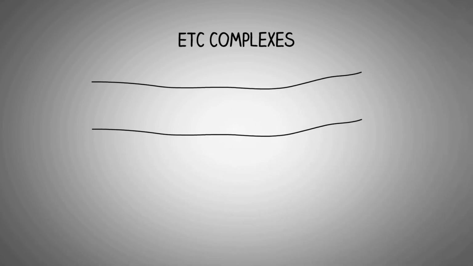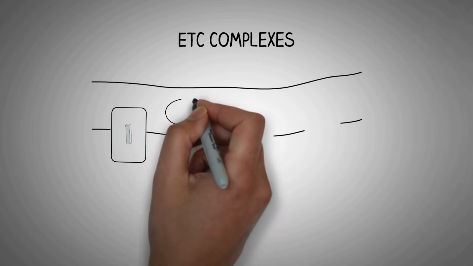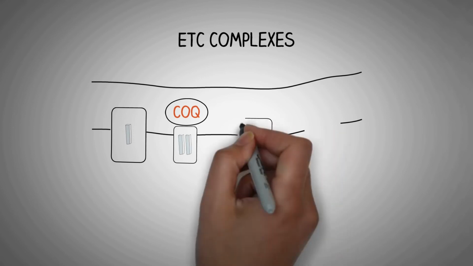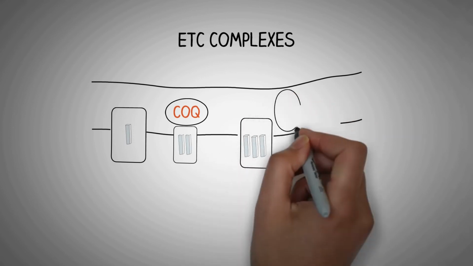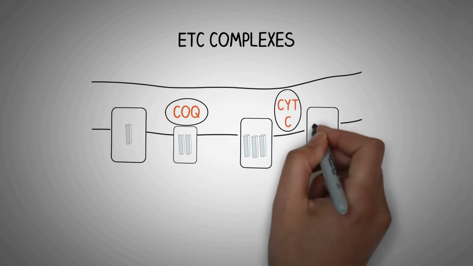What you see here is the inner mitochondrial membrane, which has these electron transport chain complexes. These complexes are numbered from 1 to 4 in Roman numerals. In addition to all the 4 complexes, we also have 2 additional prosthetic groups called coenzyme Q and cytochrome C. So let's first talk about complex number 1.